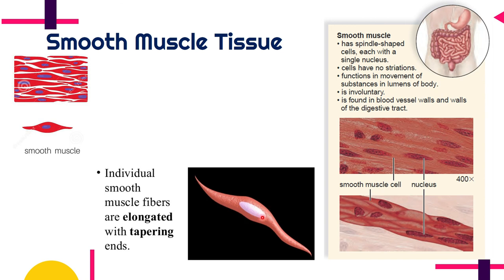And where is the smooth muscle located? You can find it in blood vessel walls, particularly the thick blood vessels, and the walls of the digestive tract. For the walls of the digestive tract or the organs there, you cannot control their muscular movement.